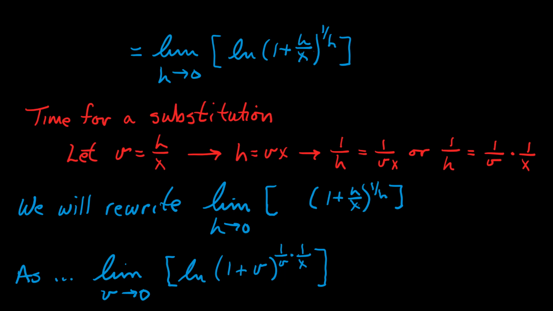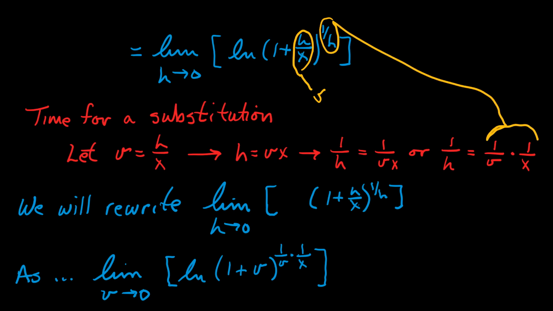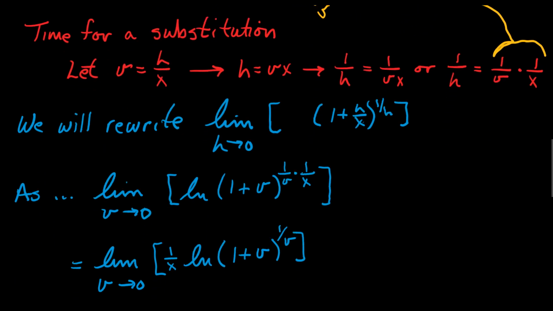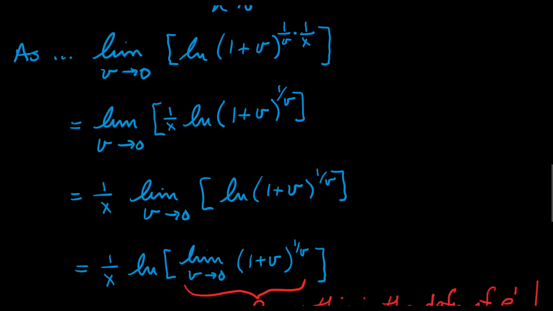All right, so what we're going to do is look at this top line on the screen, and this h over x is going to be replaced by v. The exponent 1 over h is going to be replaced by this product of 1 over v times 1 over x. And when we do those substitutions, we then wind up with the limit that you see at the top of the screen here.